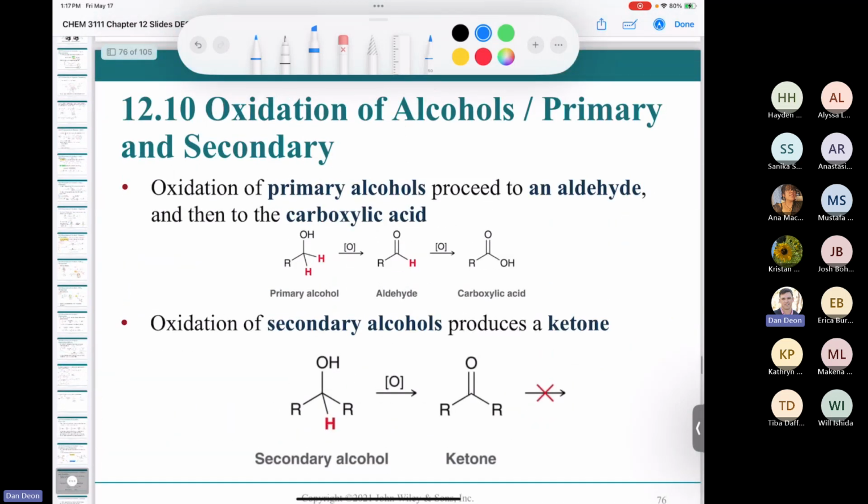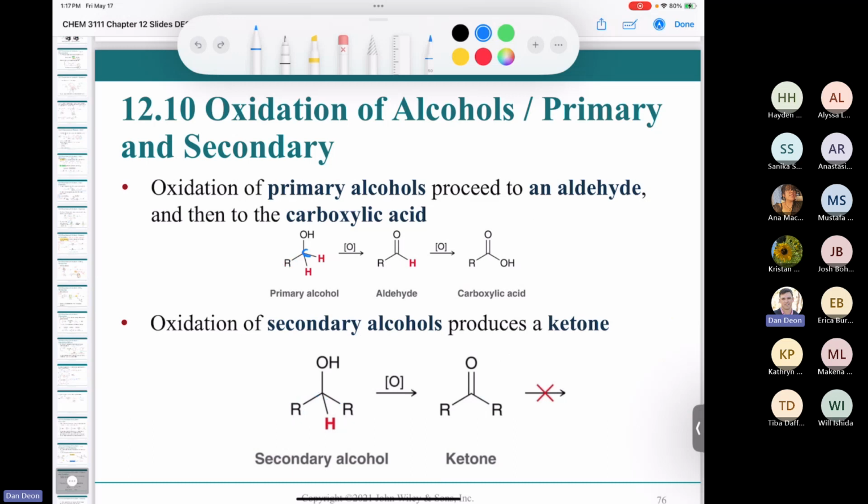All right. So let's start with the oxidation of a primary alcohol. The first thing you need to know is the difference between a primary and a secondary alcohol. If you look at the carbon that is directly attached to the oxygen, if it has 1 R group on it, it's primary. If it has 2 R groups on it, it's secondary.